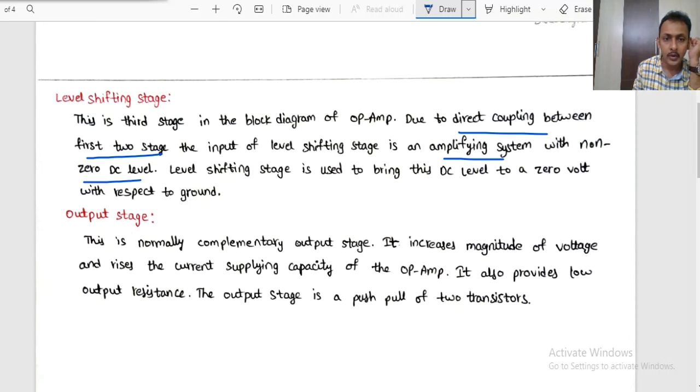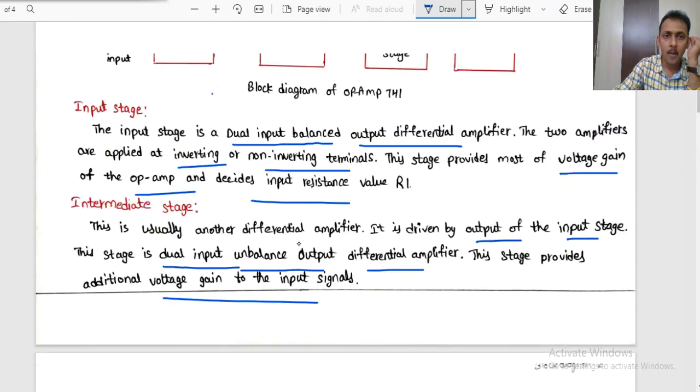Now the output stage is normally a complementary output stage, which increases the magnitude of the voltage and raises the supplying capacity of the operational amplifier, and it also provides low output resistance. The output stage is nothing but a push pull of two transistors. So this is about the different stages of the operational amplifier.